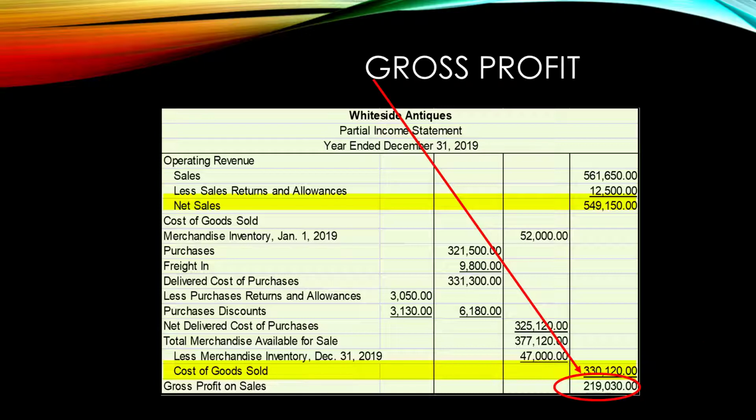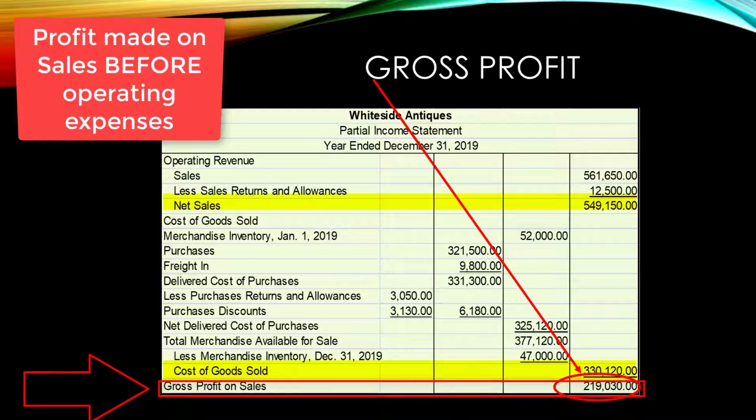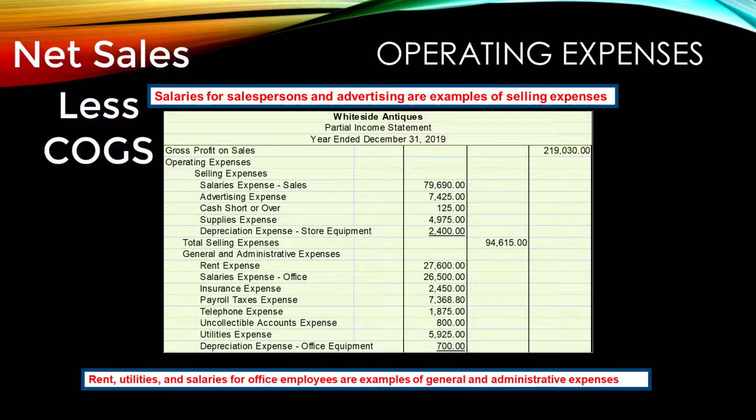The difference between these two chunks is gross profit on the sales. This gross profit measures profit just on the sale itself. The operating expenses have not yet been considered. Working our way down the income statement, we have net sales less cost of goods sold gives us gross profit.